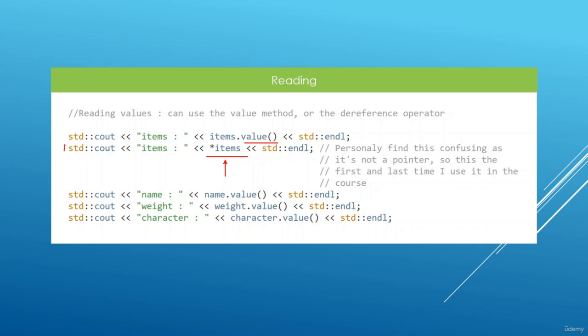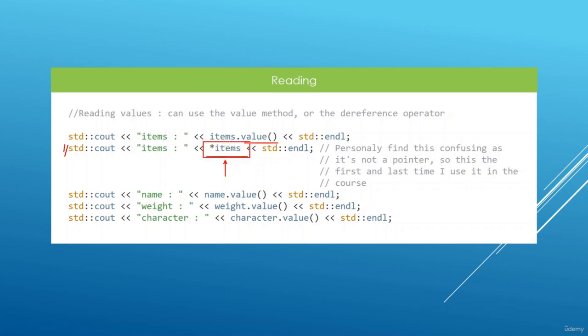Note that this is going to work, but it is going to make your code confusing. In my own project, I use the value function here, and it is going to make it very easy to see that I am trying to read the value from my std::optional variable. So this is the first and last time I mention this way of doing things, because it is just bad.